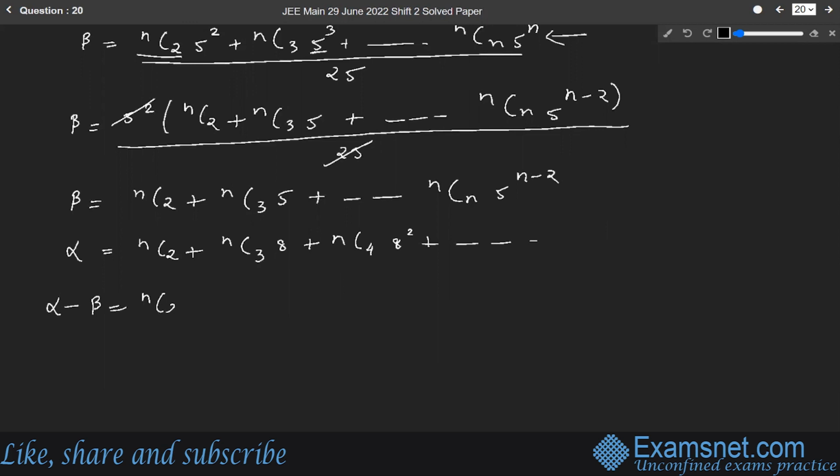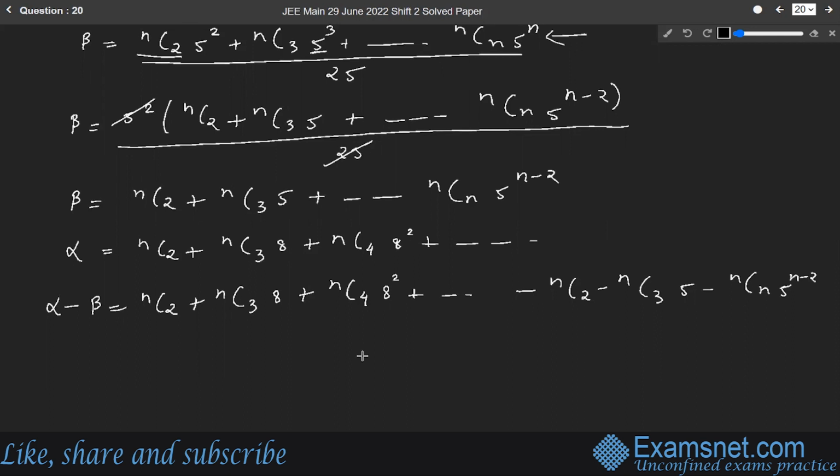What is alpha? nC2 plus nC3 into 8 plus nC4 into 8 square plus so on. Now we have to subtract beta. So minus nC2 minus nC3 into 5 minus so on up to nCn into 5 power n minus 2.